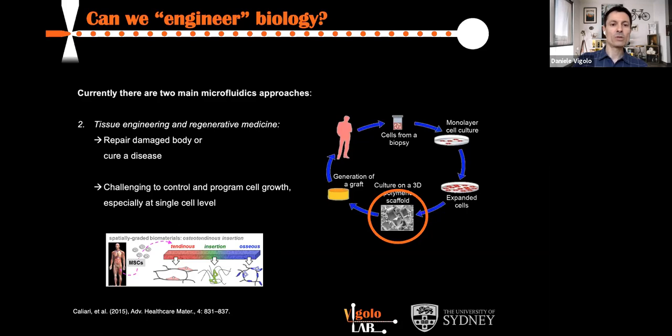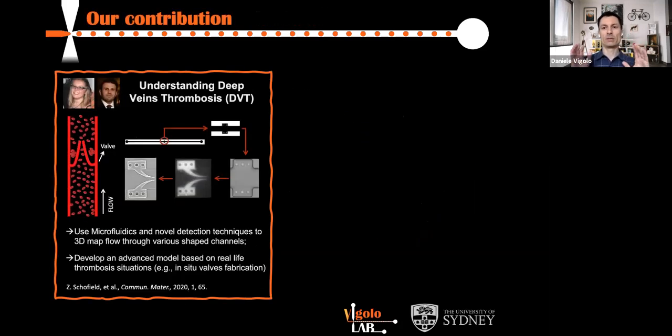The first thing I want to discuss is the development of a platform that gives us the possibility to study, in particular, deep vein thrombosis, but in general it's a platform that represents a vein on a chip, and so it can be modeled to represent microvasculature, and on that you can build up models for different diseases if necessary. But I will focus on DVT. This is a topic that we've been working on for the past 4 or 5 years at least, with at least 2 PhD students for the moment.